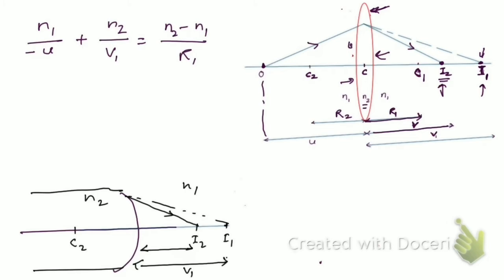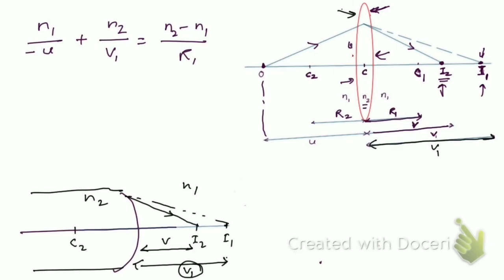This is v, and this v1, this image distance for the first surface that we have considered, I1 was the image actually, whose image distance is v1.